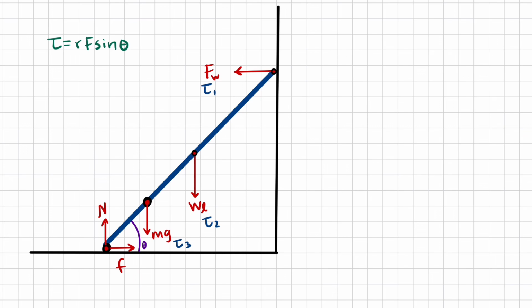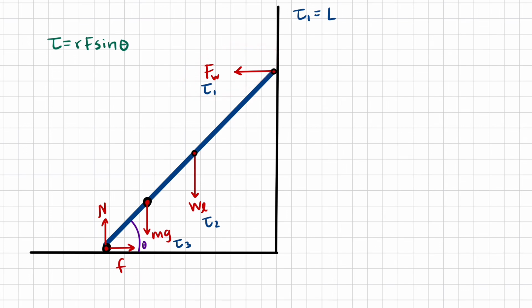So let's start with torque 1. What is the radial distance for torque 1? Well, the axis of rotation is here, so the distance would be the length of the ladder. So let's begin building our equation. Torque 1 is going to be the distance of the ladder, L, times the force of the wall.